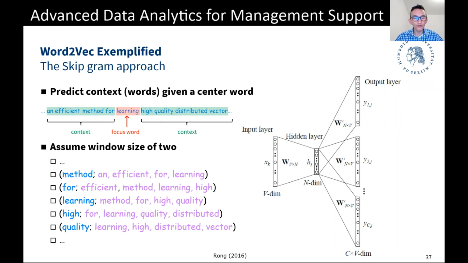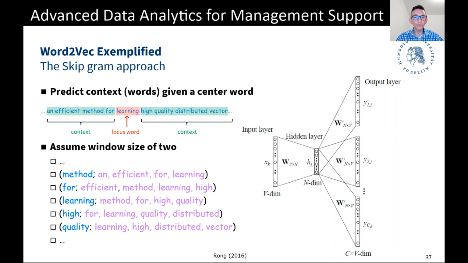And we then construct our training data, which, if we assume a window size of 2, could look as shown here. For method, we have the target words and efficient for learning. For the focus word for, we have efficient, method, high, quality. And for high, we've got for, learning, quality, and distributed. And it continues like that.